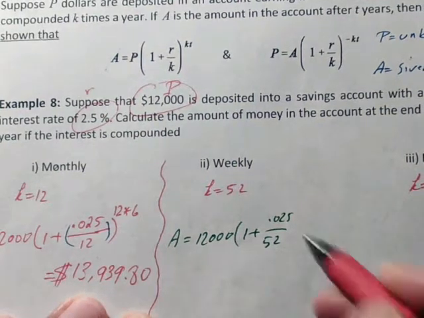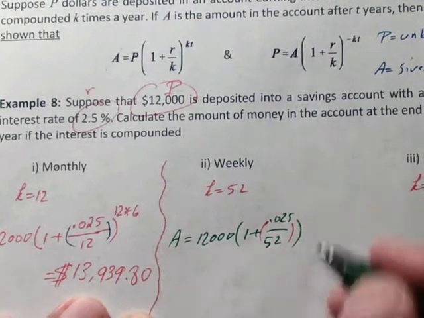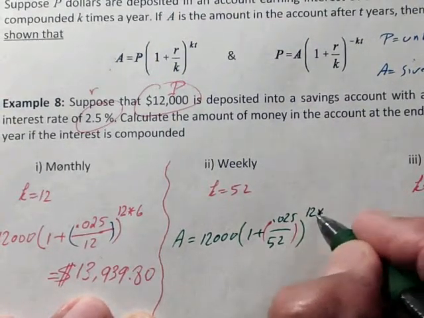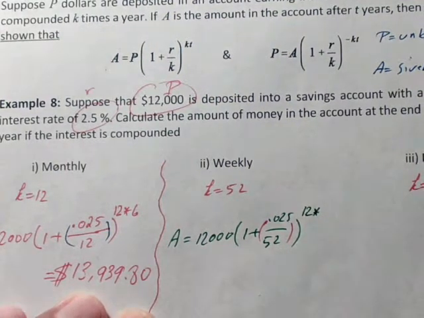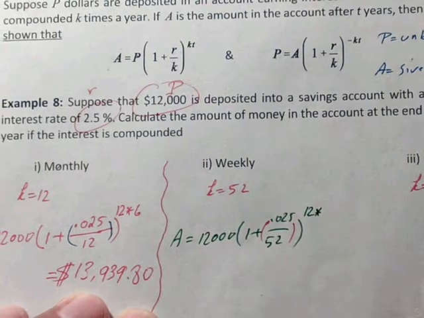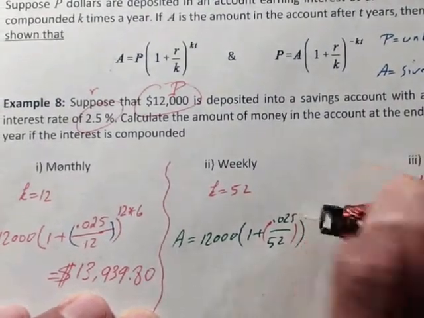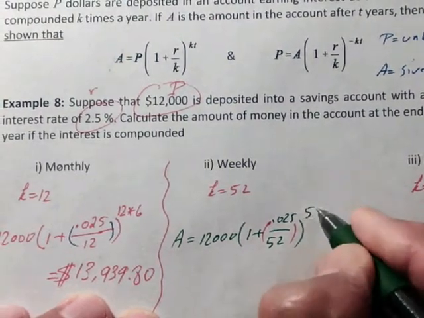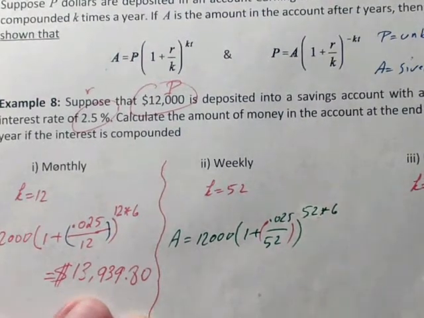So again, I'm going to put this in parentheses here, and then another parenthesis, to power 52 times 6.